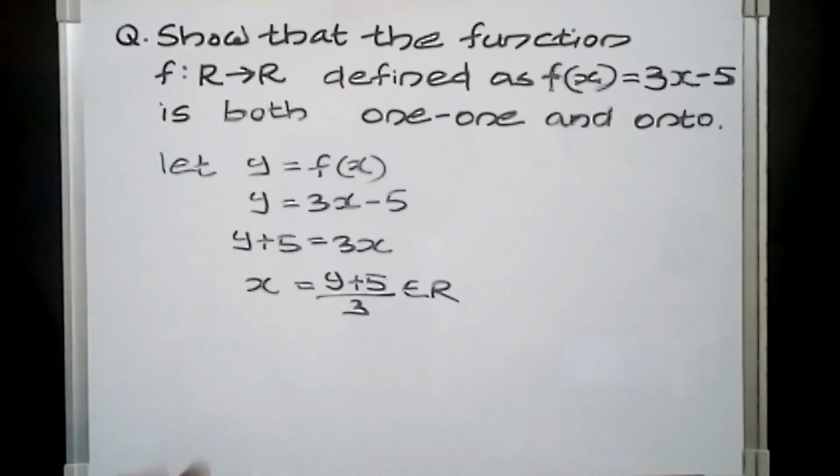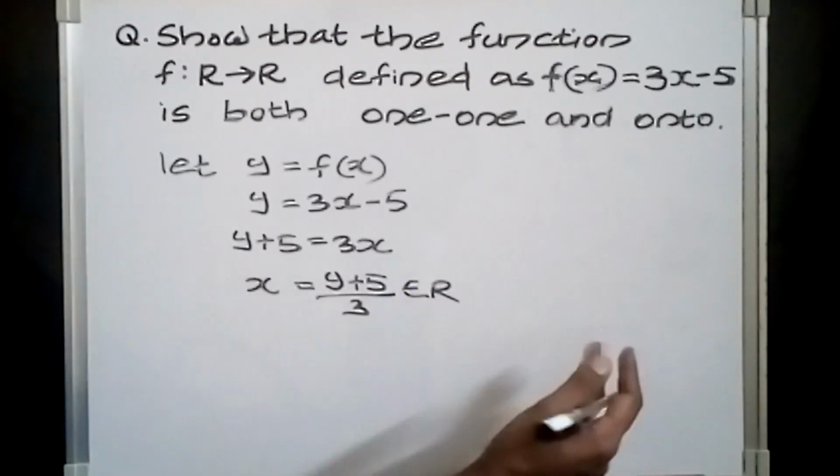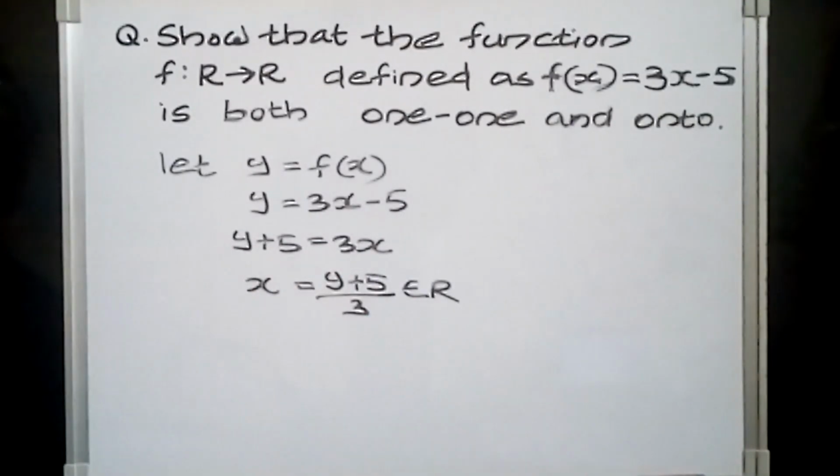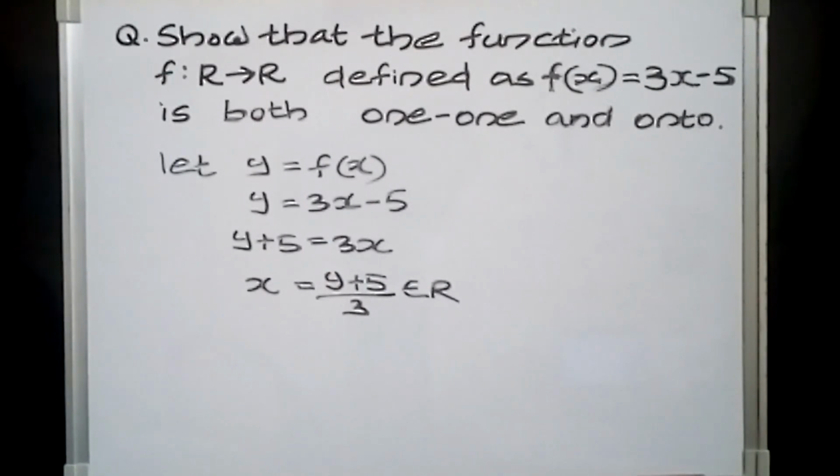Thus, for any y in the second set, the codomain, we have its pre-image. We have an element y plus 5 by 3 in the first set, in the domain. Therefore, the function is onto. Thus, the function is both 1, 1 and onto.